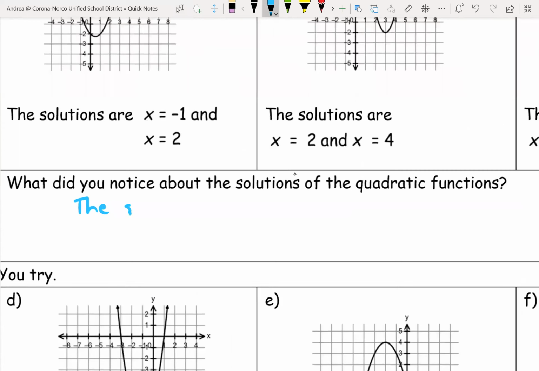The solutions to a quadratic equation are the x-intercepts.